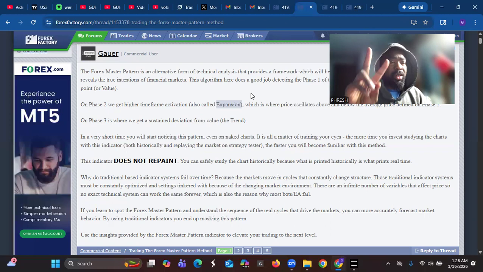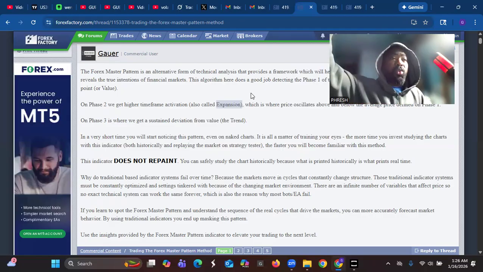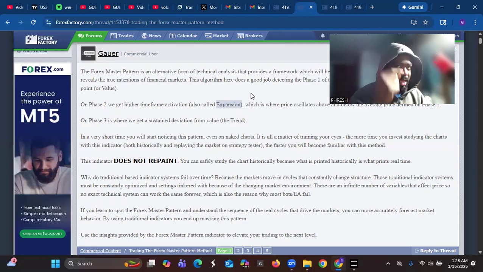Vital and very important, because after every sideways action, after manipulation, while it's moving sideways, it's building up liquidity for the move. You don't trade that, but it's so vital because once that sideways action is happening, the only thing that can happen after that is a move.